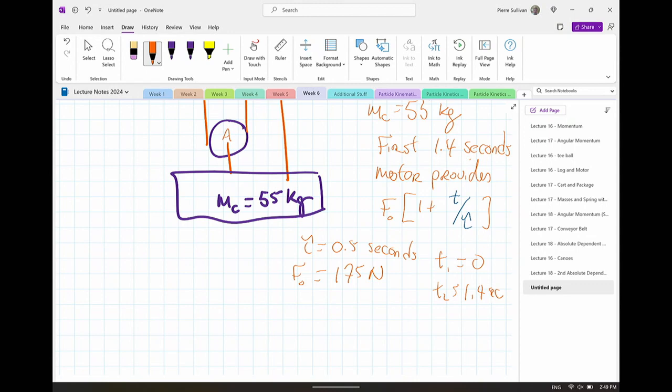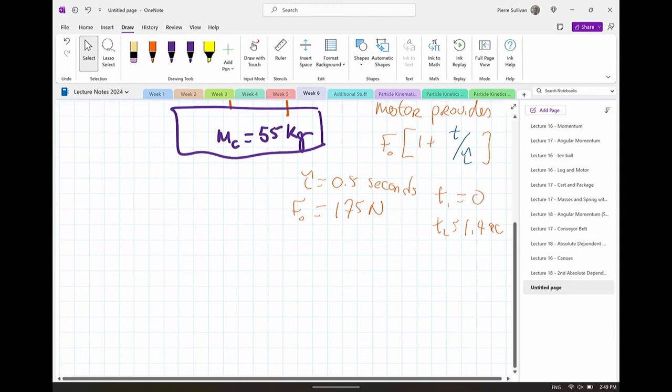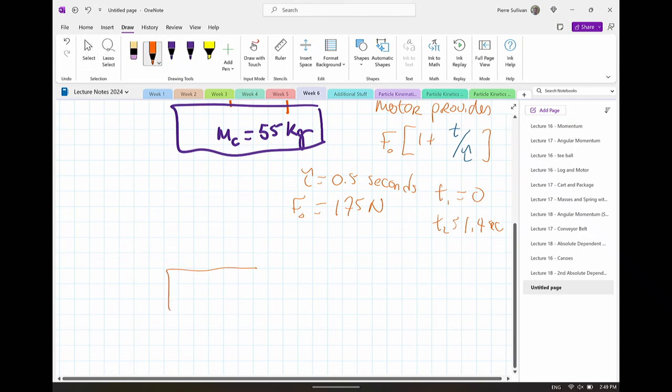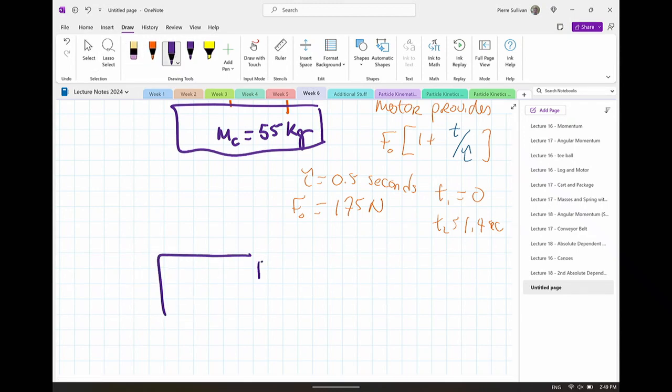So the first thing I'm going to do in all of this is the same thing I would do in any problem that I faced in this course, which is to draw out the free body diagram. And I'm going to cheat a little bit and recognize that I can combine all of the cables on the top.